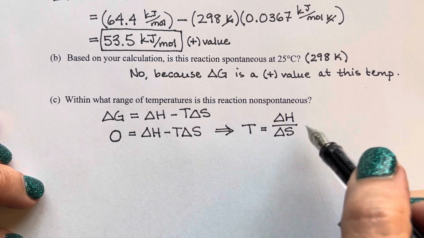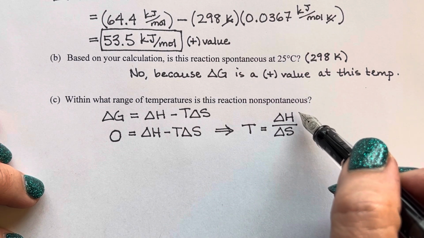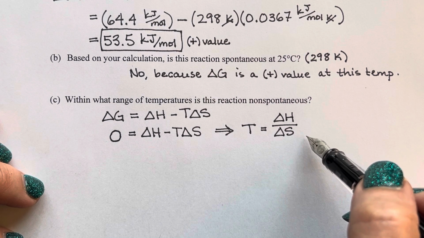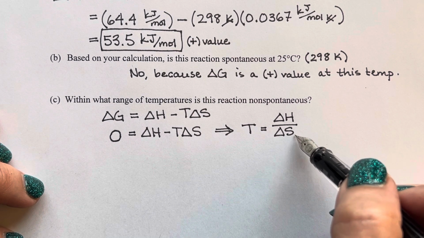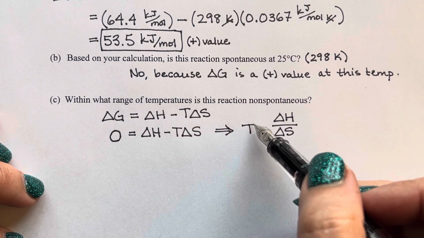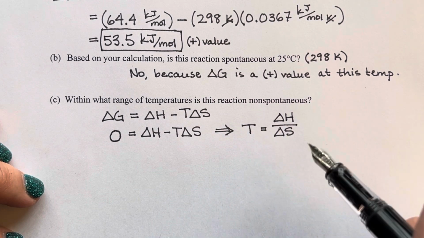The units are going to work out because enthalpy is in kilojoules per mole and entropy is in kilojoules per mole Kelvin. So that Kelvin that's brought in here, denominator of a denominator, moves to the numerator and we will get the temperature in Kelvin. That's the cutoff point.